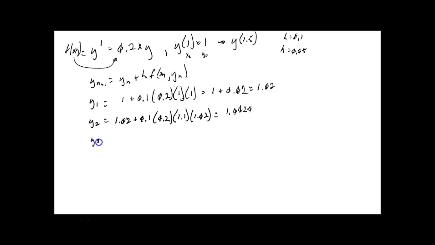So your y sub 3 is going to be 1.0424 plus, since that's always the same, let me go on and just do 0.02 times your new x is 1.2 and your new y is 1.0424. It's pretty easy to calculate, right? So leave that other one in there and just add that thing to it.